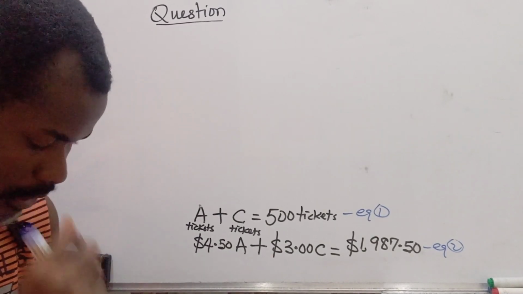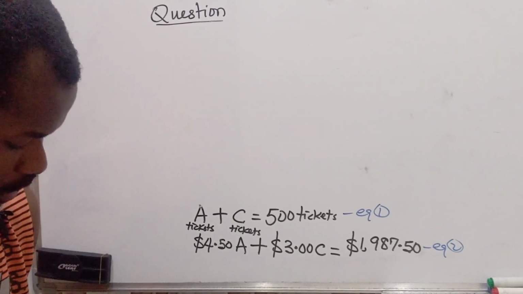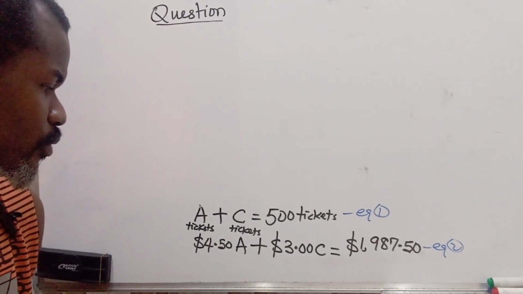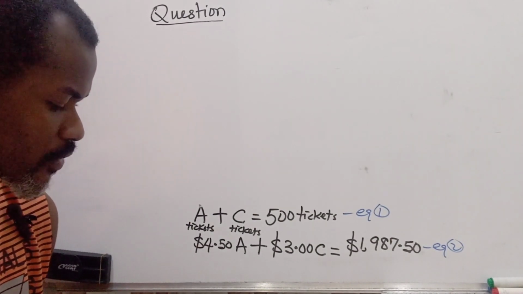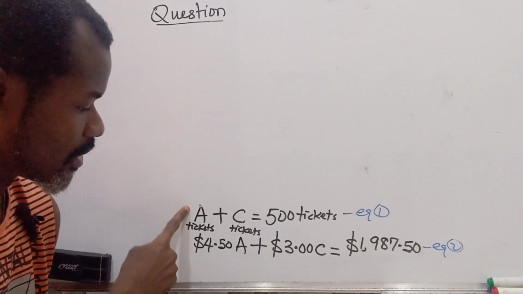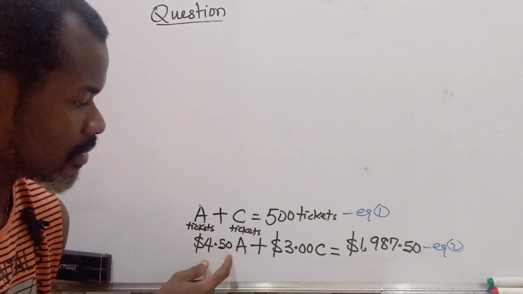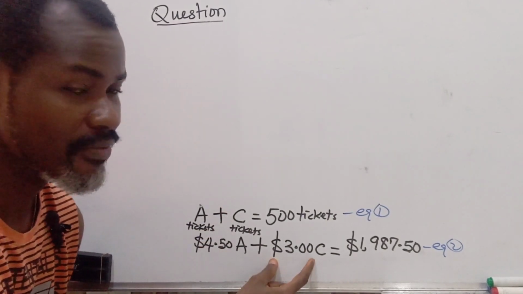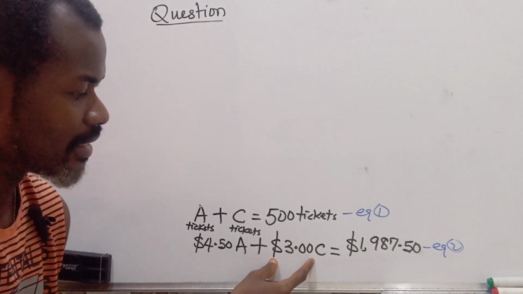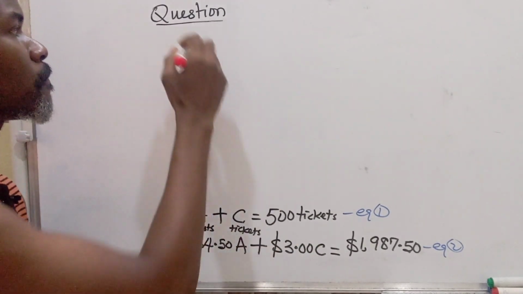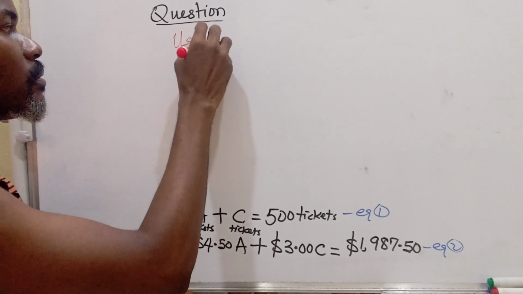For the elimination method, the coefficient of A in equation 1 is 1, and in equation 2 it is $4.50. The coefficient of C in equation 1 is 1, and in equation 2 it is $3. So the idea is we want to eliminate C.